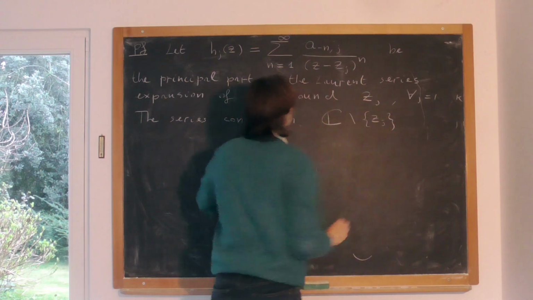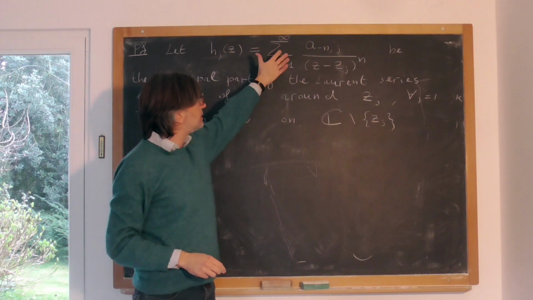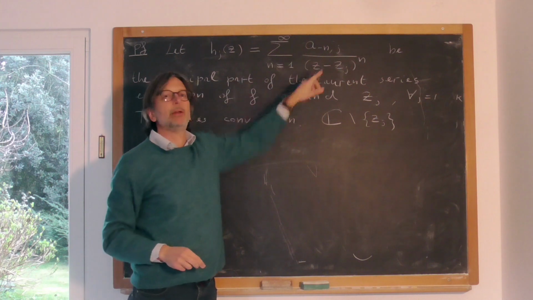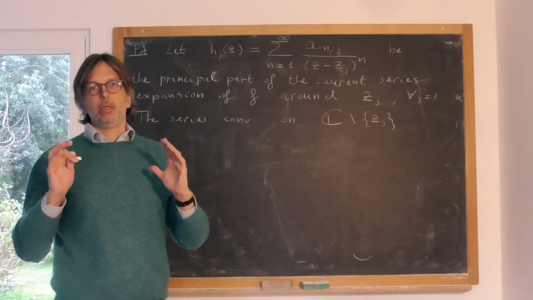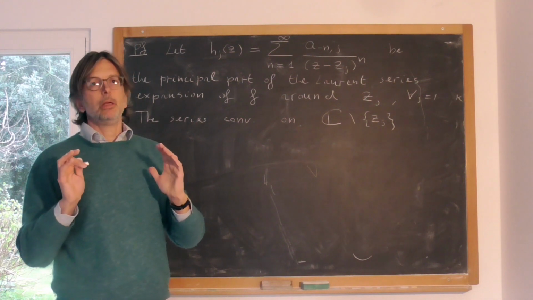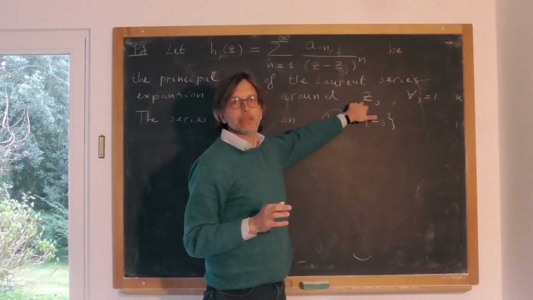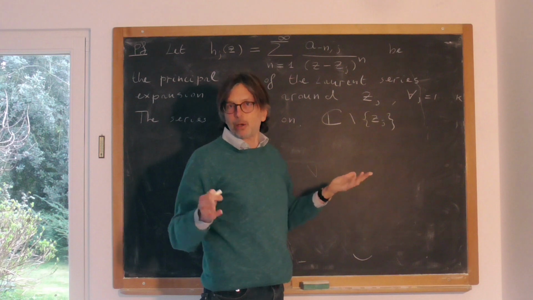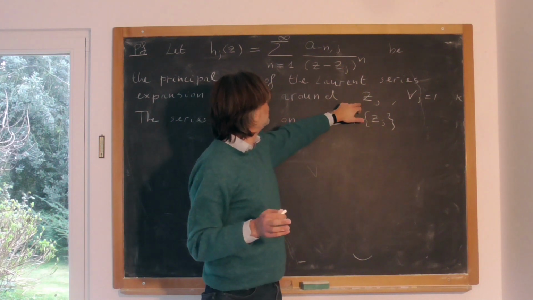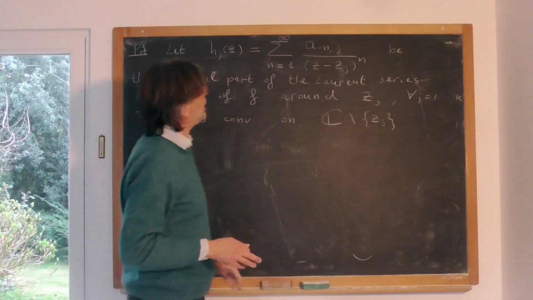We recall that a series of this form, this is a power series in 1 over (z minus zj), will converge in general outside some disk, but here we were assuming that zj was an isolated singularity, so the radius of this disk is actually 0, so we have convergence for all z different from zj.